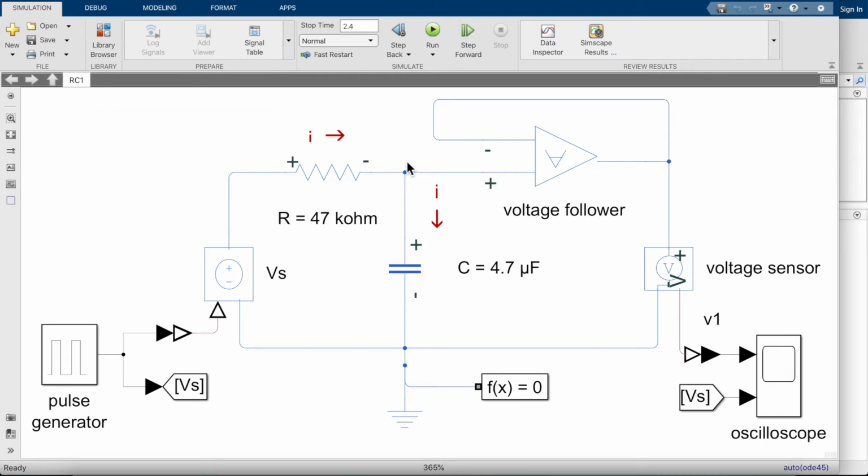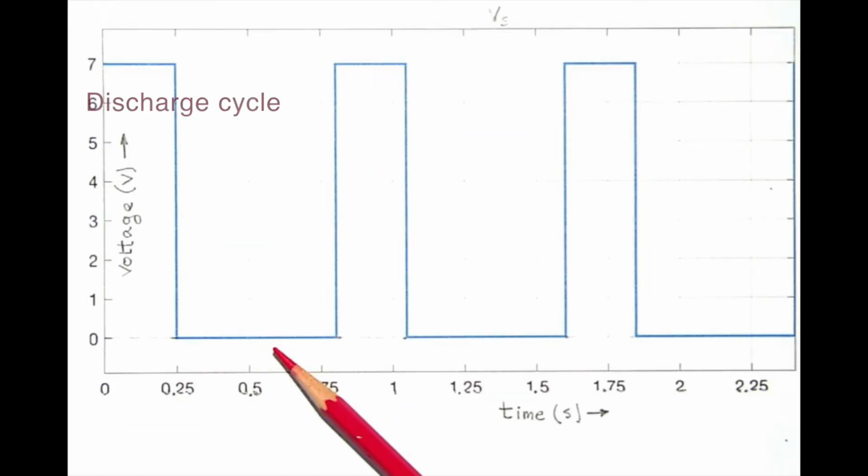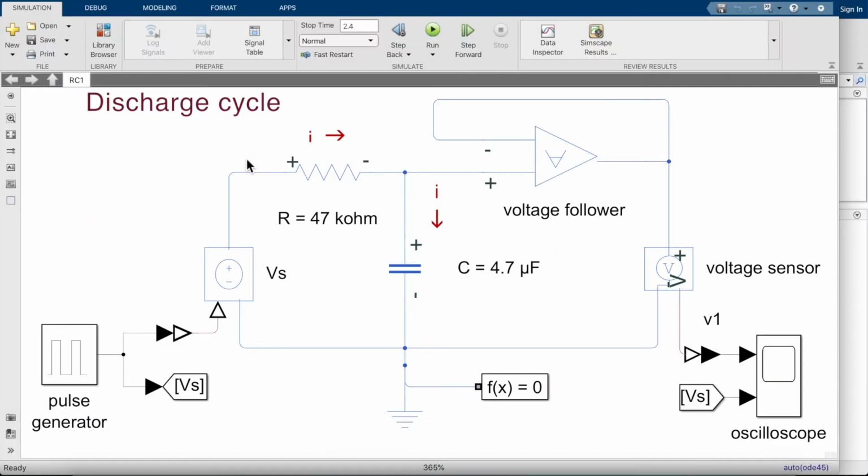But it never gets that high, because before it can reach that point, the voltage from the pulse generator, V sub S, will go into the declining phase, where it will discharge the capacitor, and the voltage will go down to 0 for 550 milliseconds.